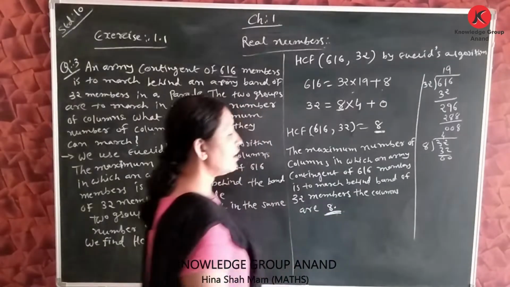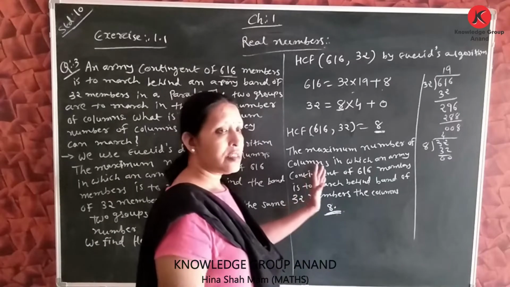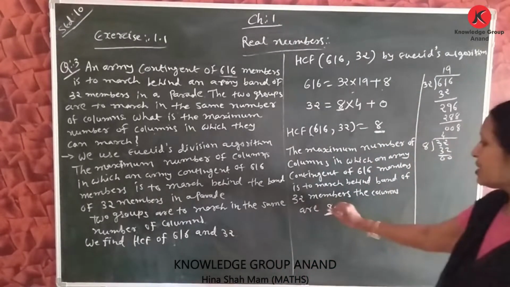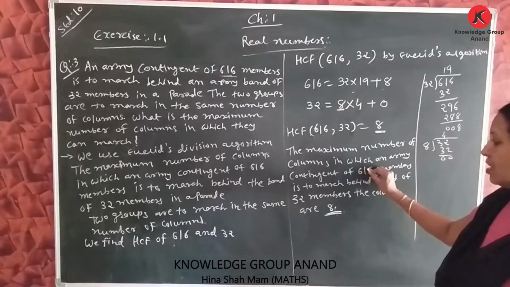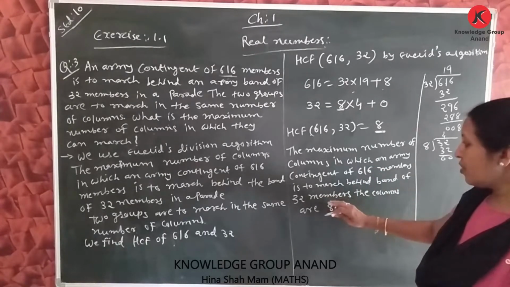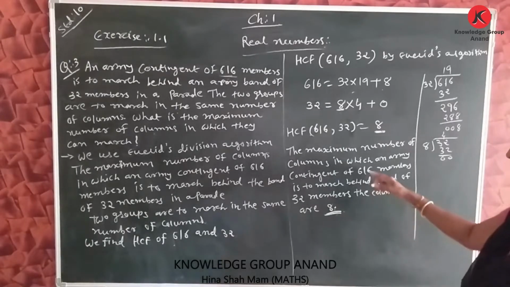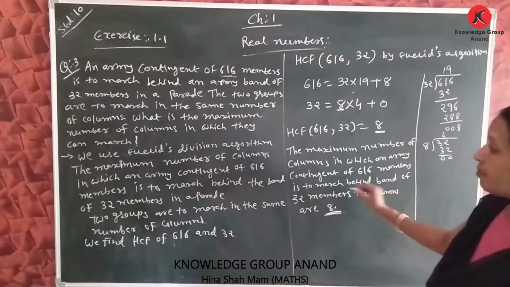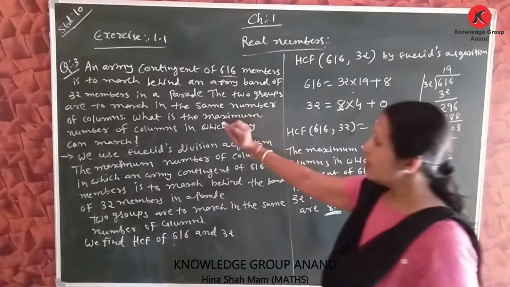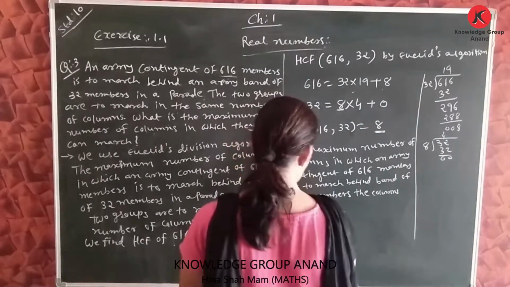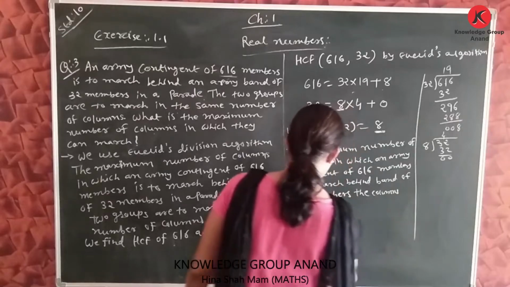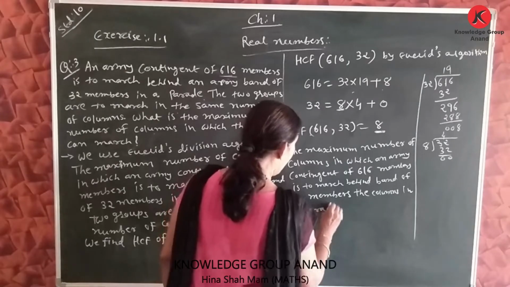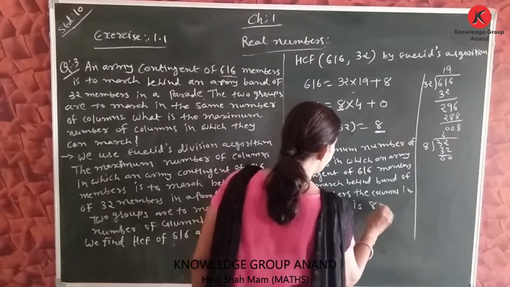Here columns are 8. With 8 columns, in each column there are 32 members. So the maximum number of columns in the parade is 8.